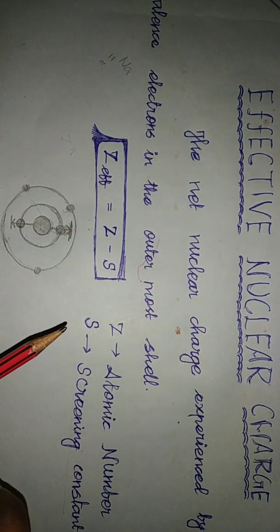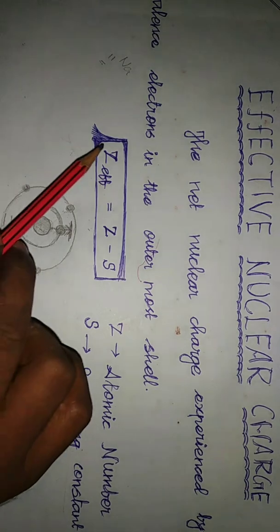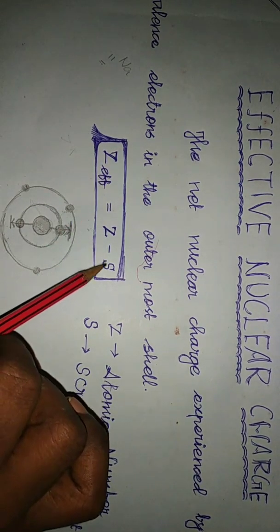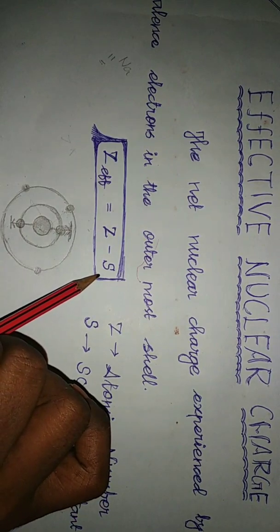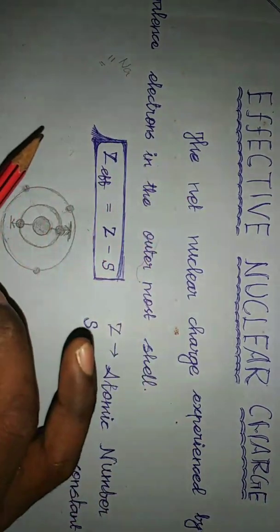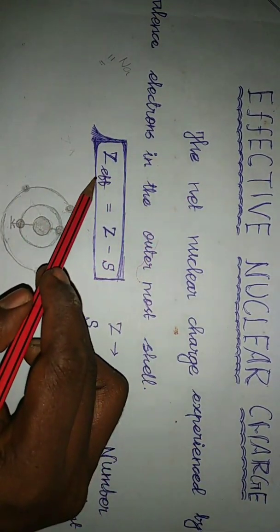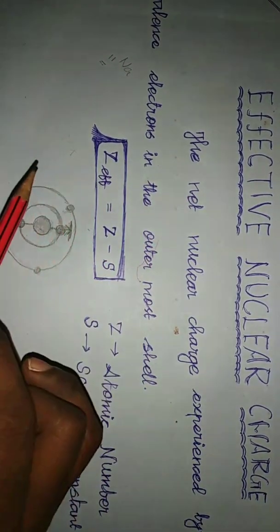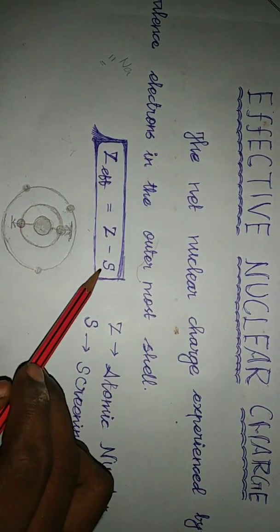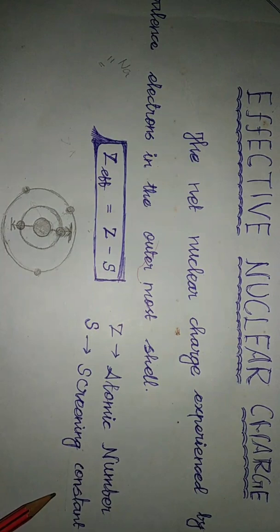Theoretically, it can be calculated using the formula ZEFF equal to Z minus S. Using this formula, you can calculate the effective nuclear charge of whatever the electron is. Here, ZEFF means the effective nuclear charge, and Z is the atomic number, whereas S is the screening constant.